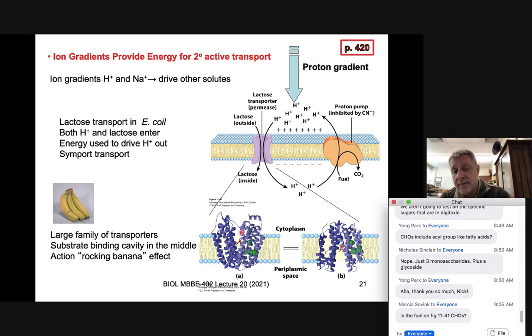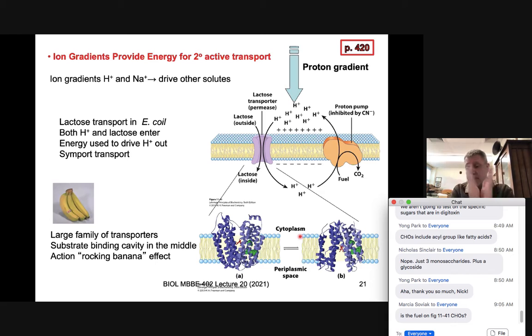This is a high affinity state for that transporter, attracting that lactose and binding it. What we then see is a conformational change with the movement of those protons through, allowing us to open up this cavity on the opposite side where the lactose is now bound. But we also induce a low affinity state to then cause the release of that lactose into the periplasmic space. So again, we have this capacity.